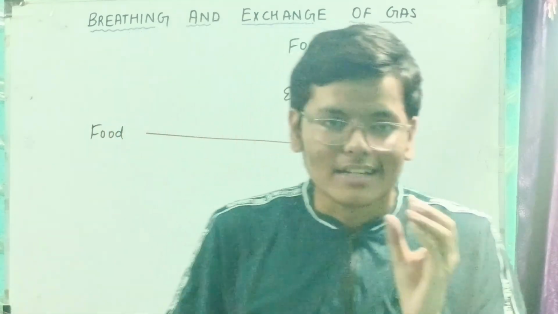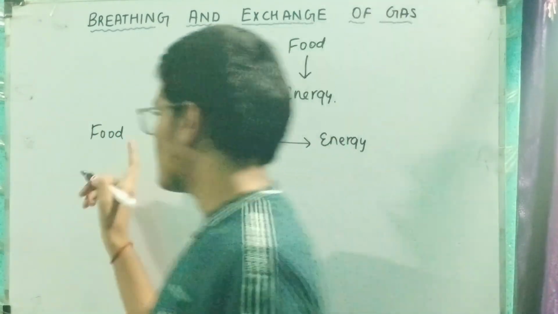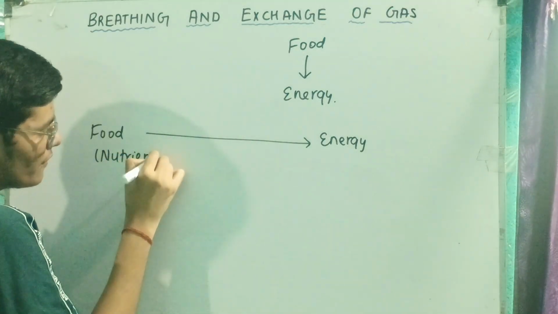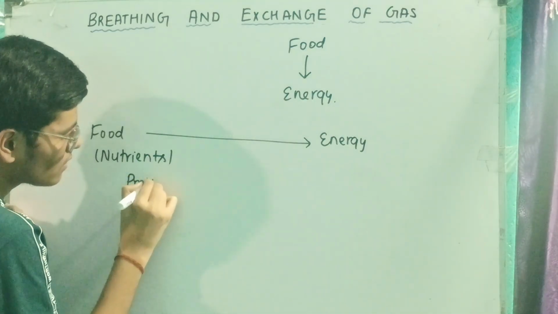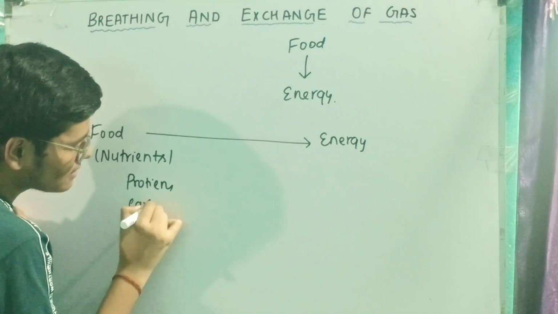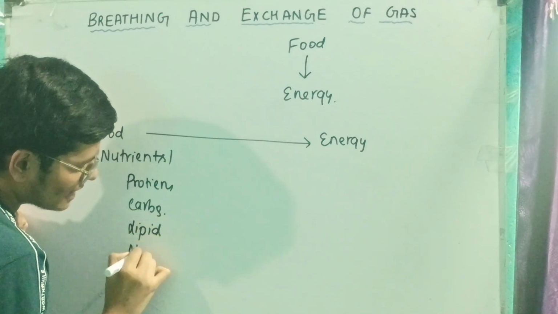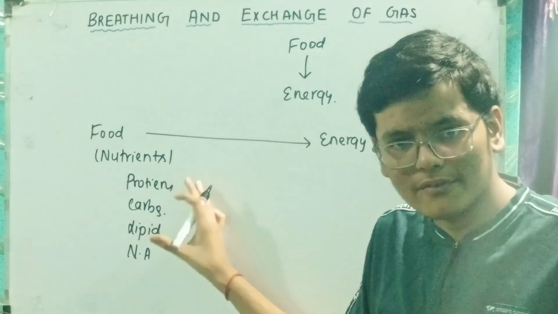Our food contains some substances that are known as nutrients. Now, in nutrients, we have nutrients such as proteins, carbohydrates, lipids, nucleic acid. These are the nutrients that are available in the food.